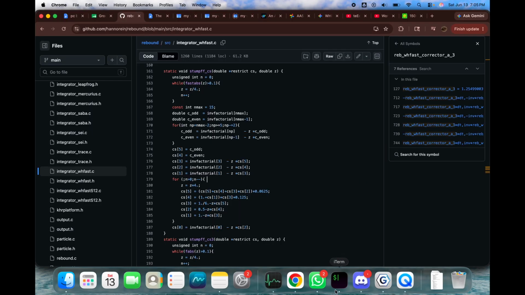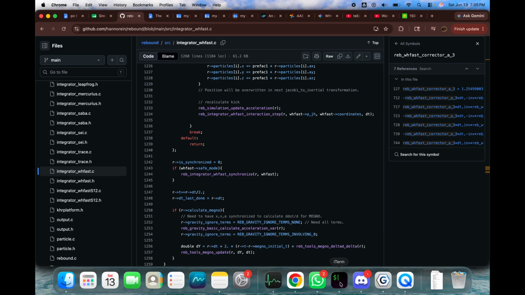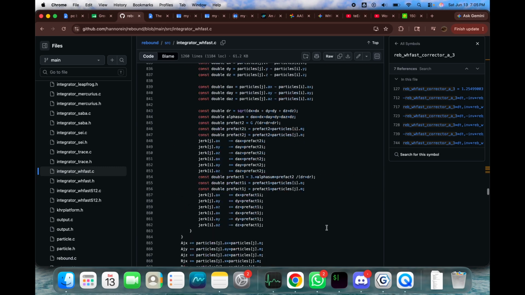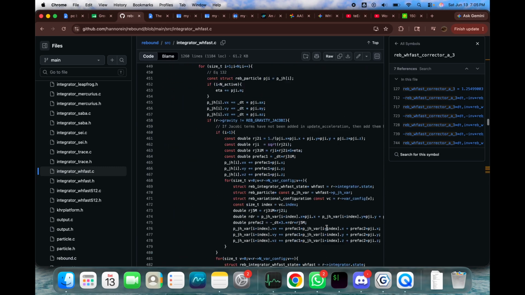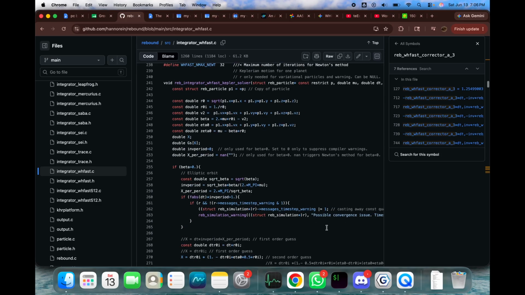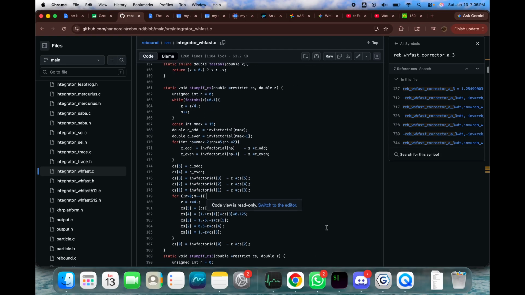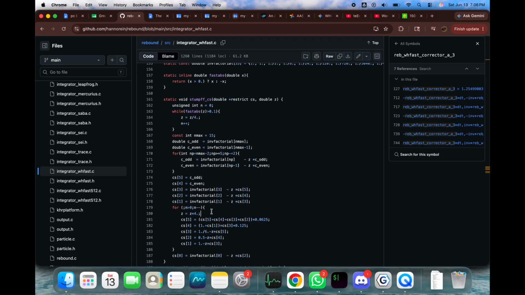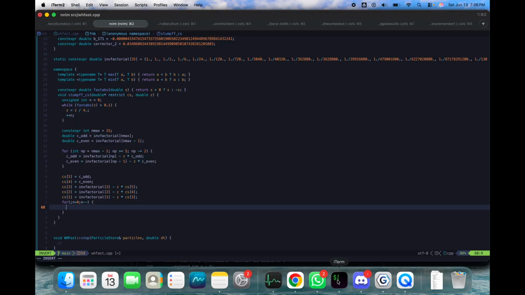And now, Z equals Z times 4. Oh, no, I think I... Go back up. Z equals Z times 4.